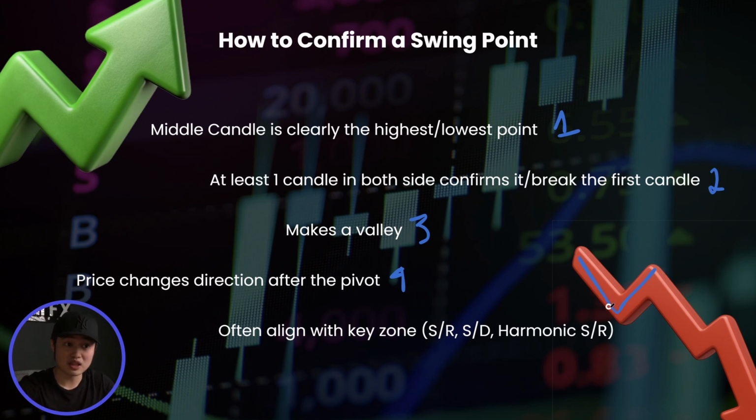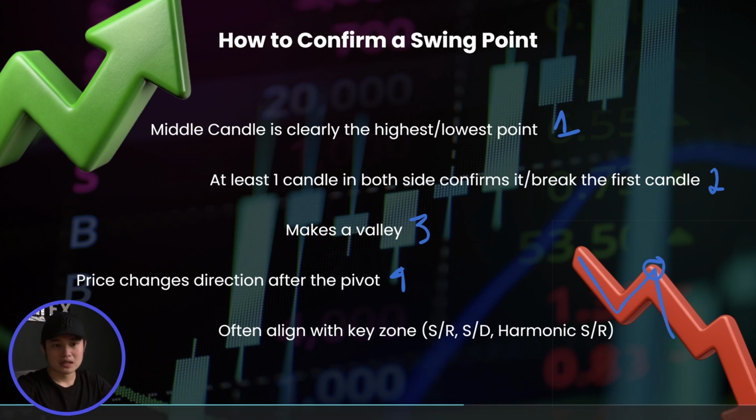When there is bearish momentum, this is the primary trend, and the secondary trend of this retracement is our short bullish term. After this short bullish term, on the retracement, we want to make sure that the price changes direction after the pivot. This is the pivot. The trend or direction has to change after the pivot, so it will continue its bearish momentum like this.